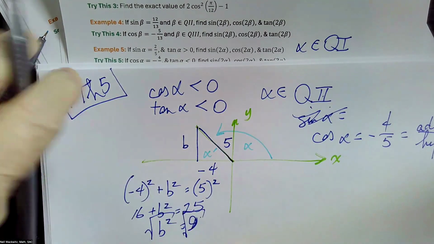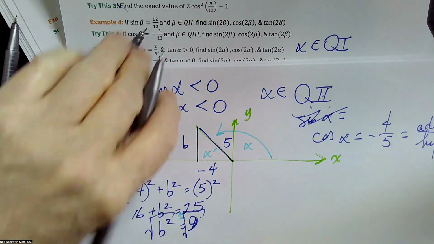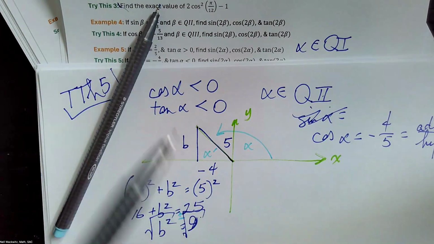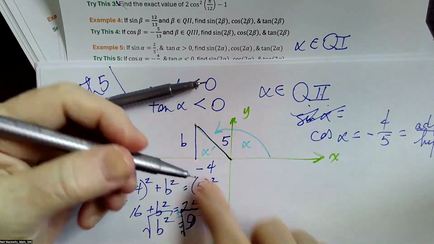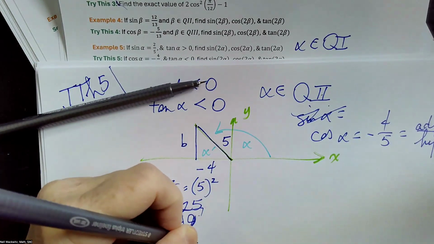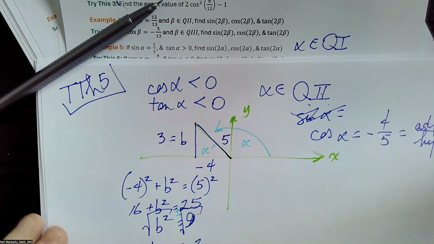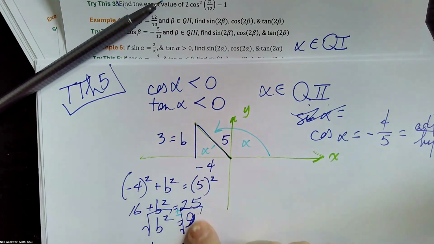When we take the square root of both sides, we have to throw in the plus or minus. But in quadrant 2, B is positive. So we know that B is actually +3. And that's great because we've got all 3 sides of our triangle.